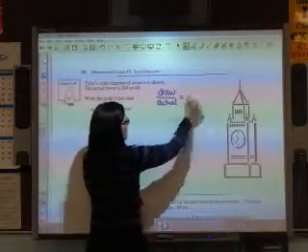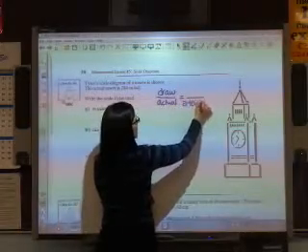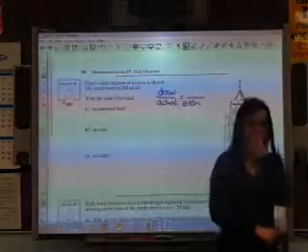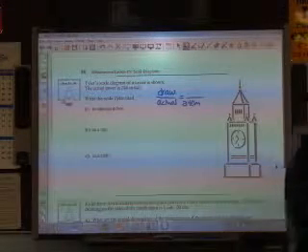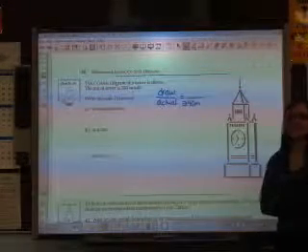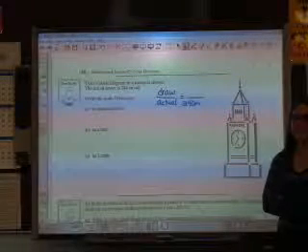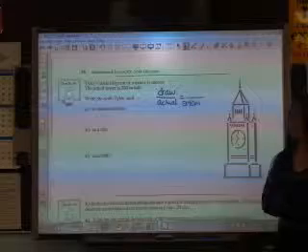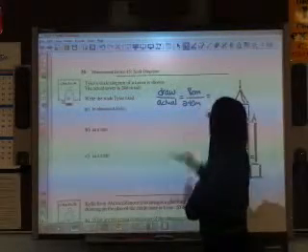So in actual fact, my tower is 240 meters tall. If I measure it with my ruler, what is the height of the tower? 8 centimeters. From the tip, yeah.